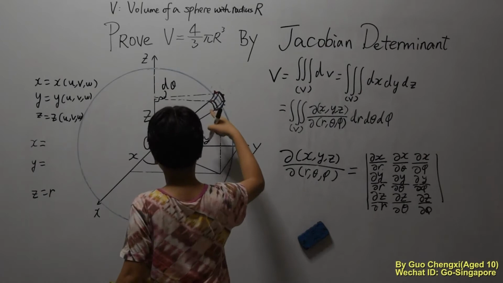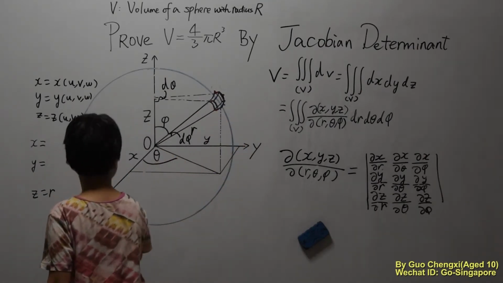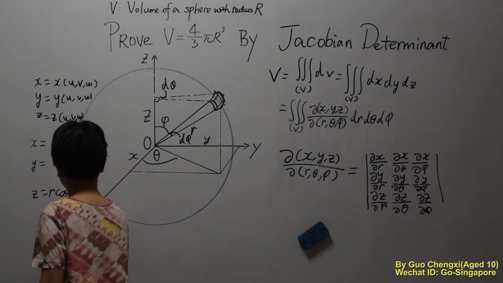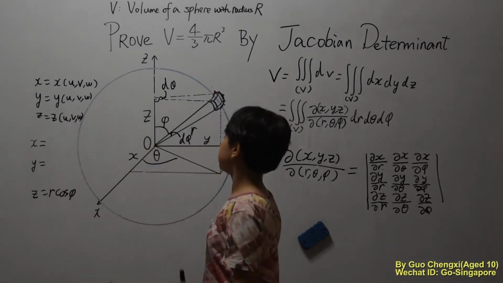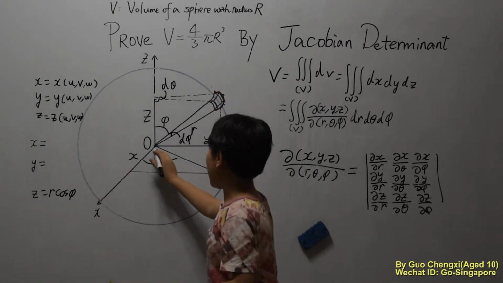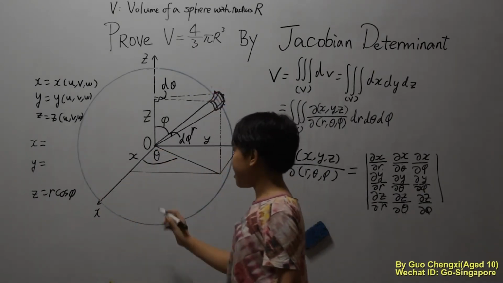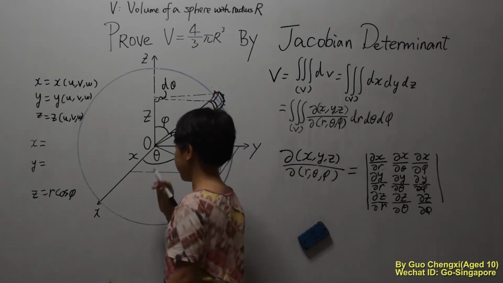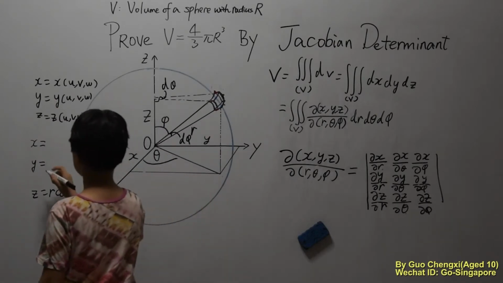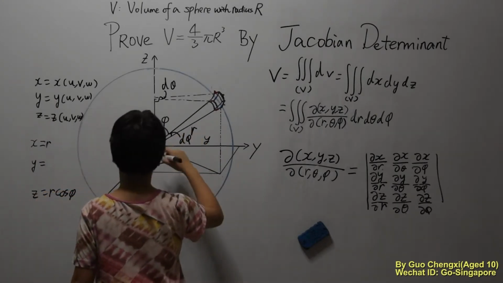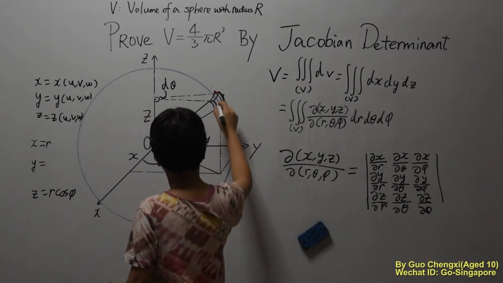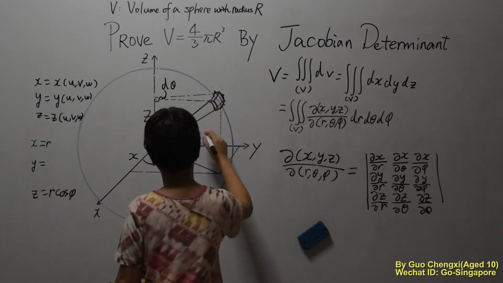And you have, so this is basically cosine phi, like this. Then after that, you can project it down until this part and name this angle theta. Then which one can you find already? x. It will become r once again, because over here is basically 90 degrees again.